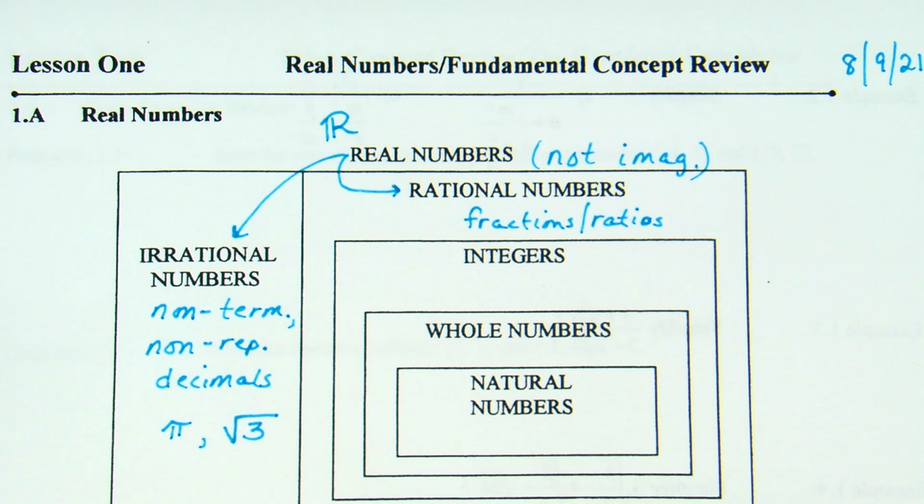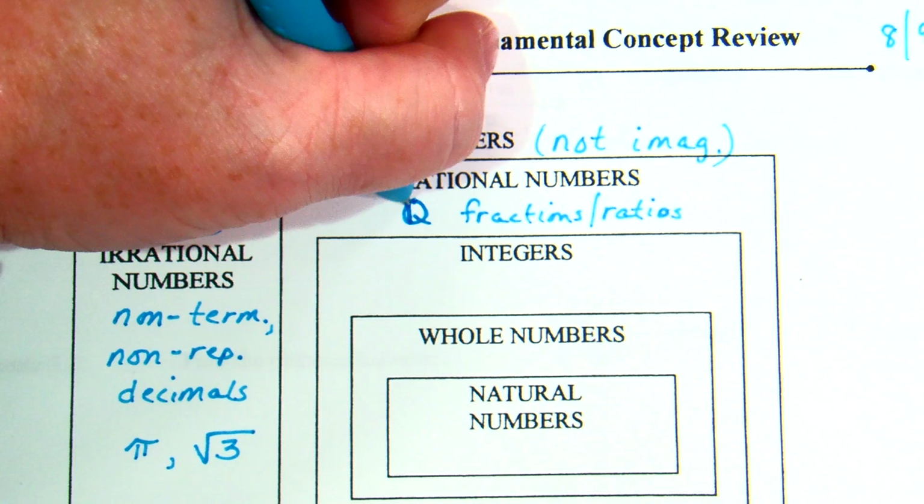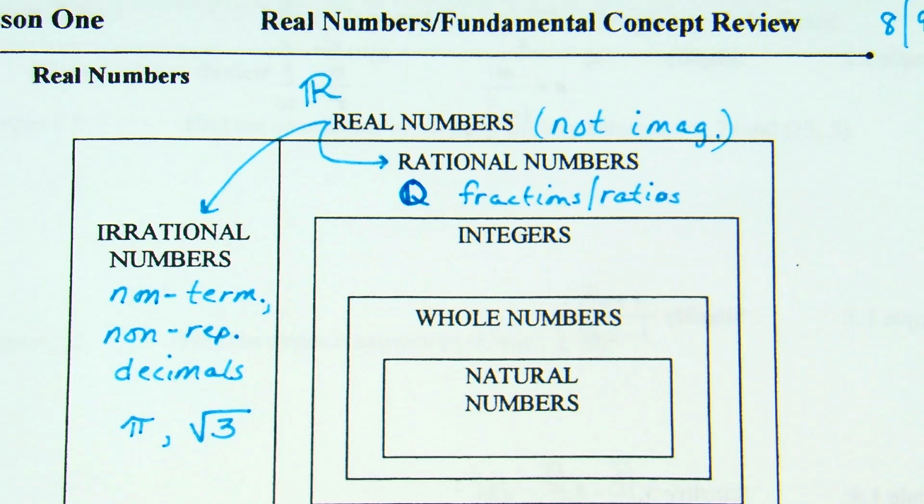Now, there's not a letter to represent irrational numbers. But for rational, notice we've already used R. I don't know what the connection is, but they use Q. The fancy part of Q, I don't know if you can see that, is a vertical line on the left side. That fancy Q represents rational numbers. I'm not going to say that we're using them a ton, but they're good to know what they mean.